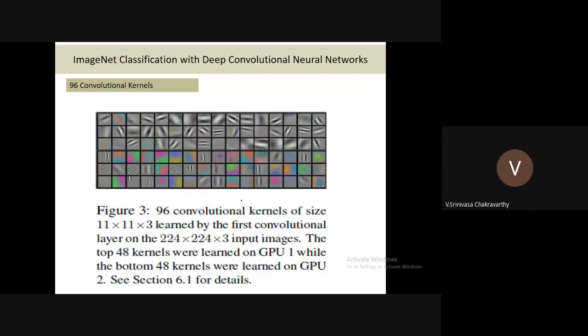This picture shows a bunch of kernels from the first hidden layer. You can see that the first hidden layer kernels very often respond to simple linear patterns, like an edge with some orientation.